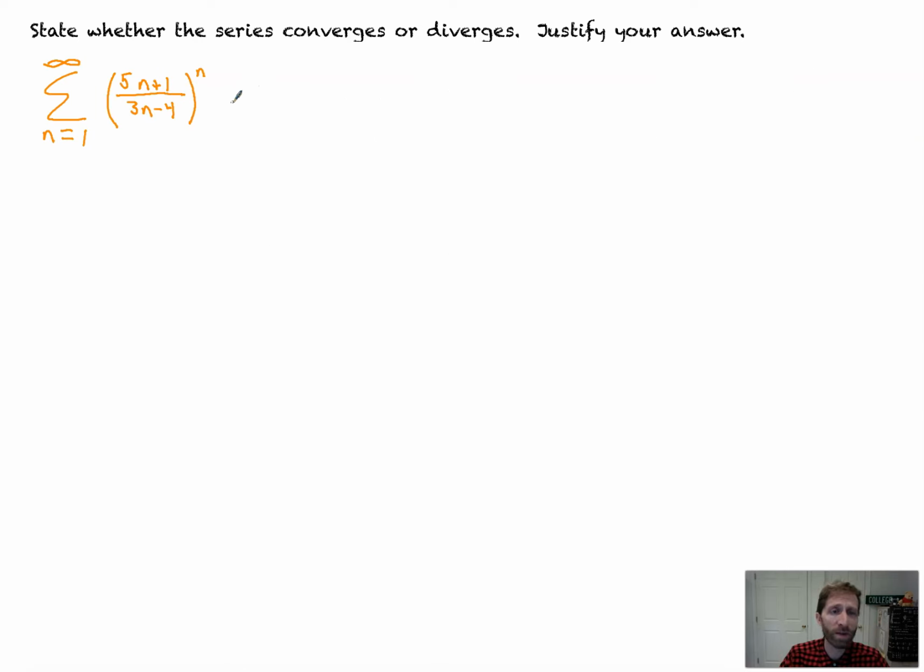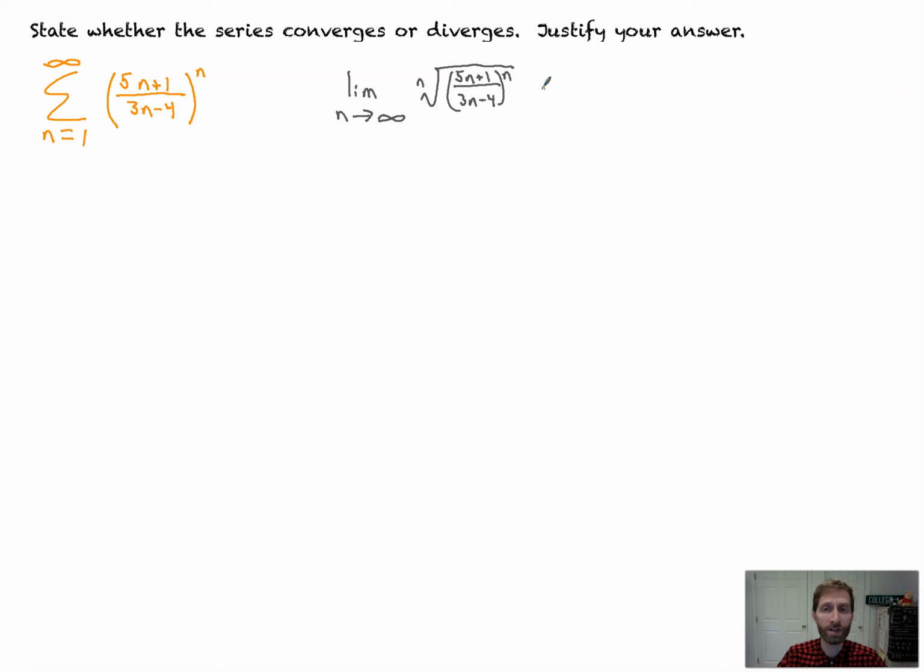All right, here's another one. This is a perfect example, if I do say so myself. For the root test, you have stuff raised to the nth power. So we're going to take the limit as n goes to infinity of the nth root of this whole thing. So that'd be 5n plus 1 all over 3n minus 4, all raised to the nth power.